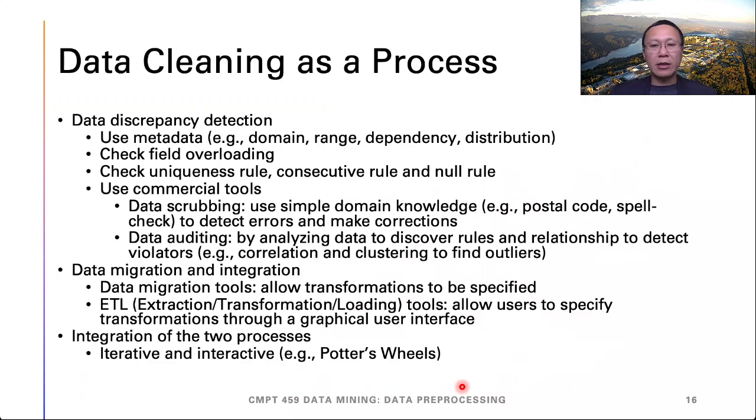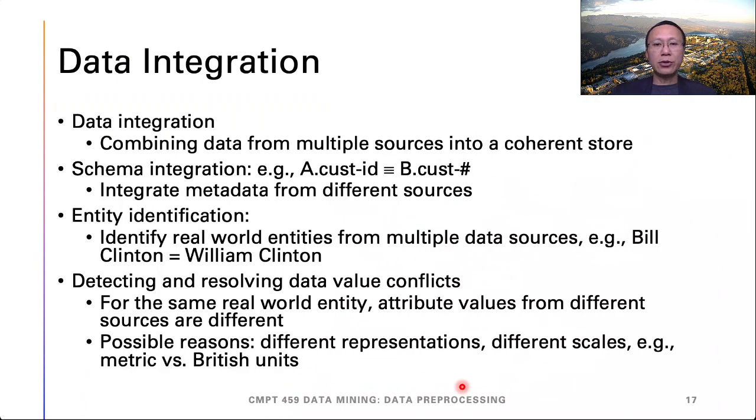Typically, we can do data cleaning in a two-step process, iteratively. First, you use automatic tools to identify possible suspects and do the transformation. In the second step, you introduce human interaction so that domain knowledge can be filled into this whole process. In order to do this, we need to look at some specific issues here.